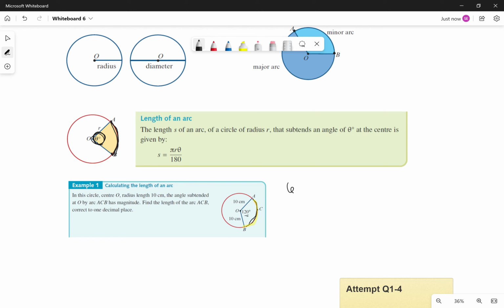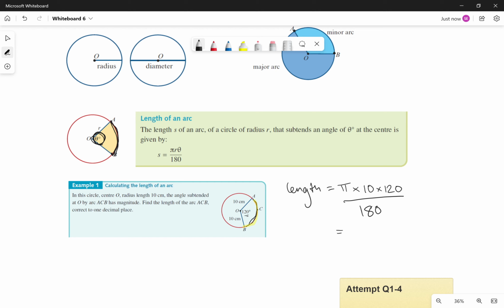So our length is just equal to, we've got pi, remember that's on your calculator on the bottom left hand side, times the radius, which is 10, times the angle, which is 120, all divided by 180. If I chuck that in my calculator, I will get pi times 10 times 120, divided by 180.